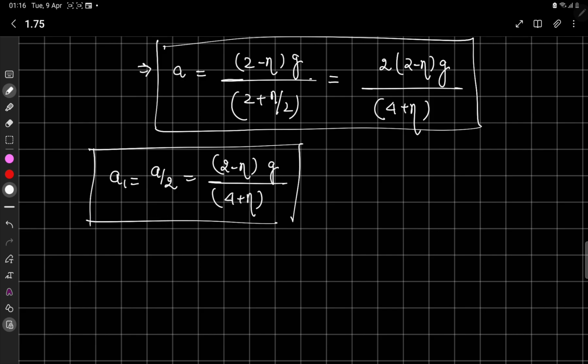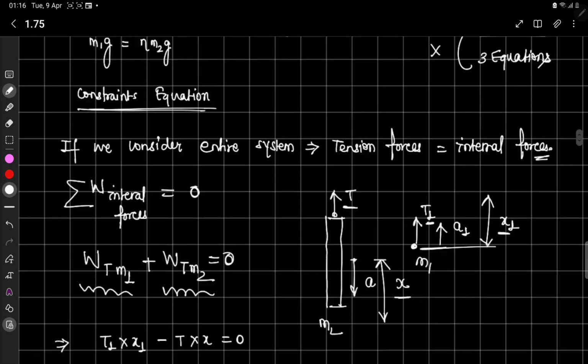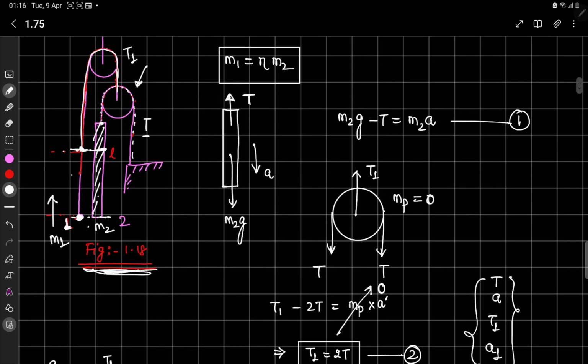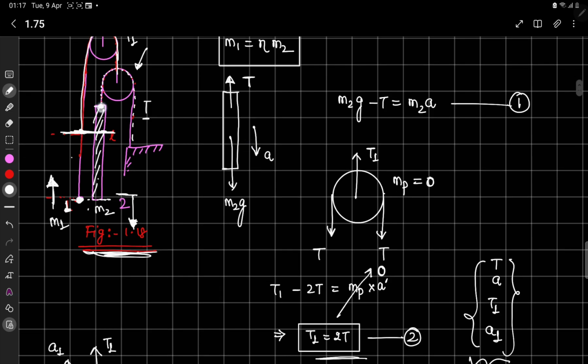Okay, now it is asking to find the time taken for ball 1 to reach from this particular point to this particular point where it is aligned with the top point of this rod. As m2 will move in the downward direction and m1 will move in the upward direction, somewhere between these two points they will meet the end point of this rod and ball 1.